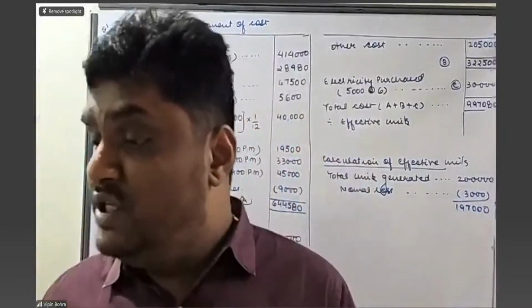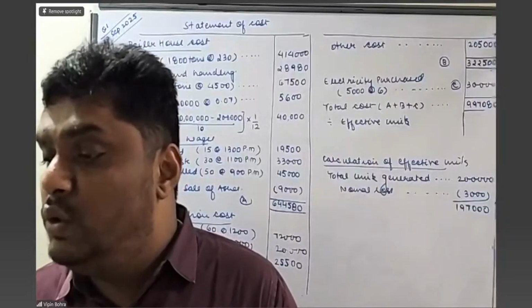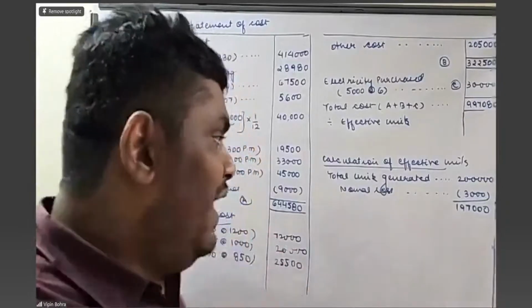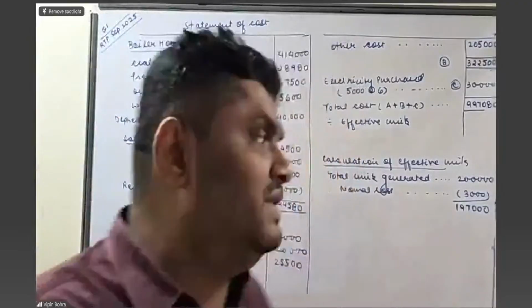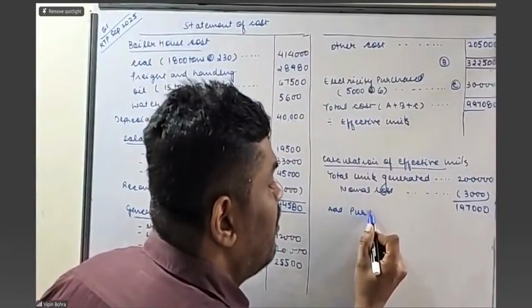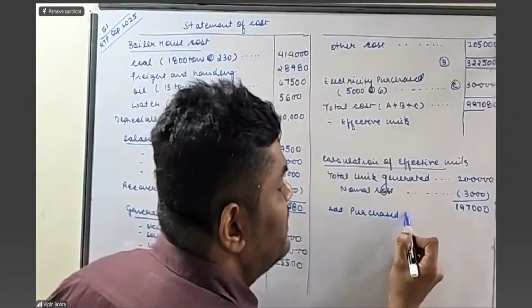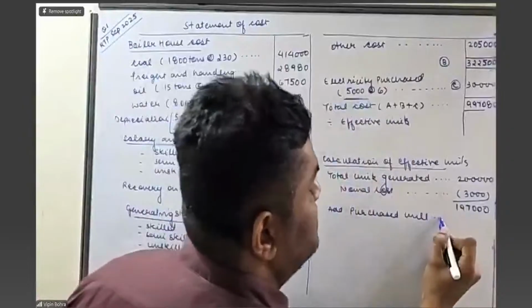See, again in this question, it is given that the purchase electricity units are not subject to any loss adjustment. So after adjusting the loss only of 3,000, we will be adding the purchased units. How many units we have purchased? 5,000 units.